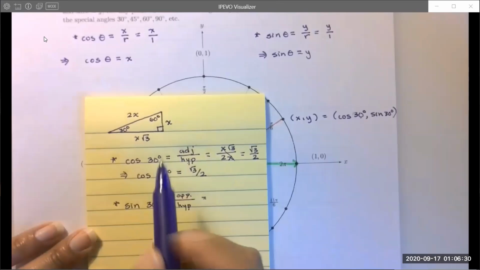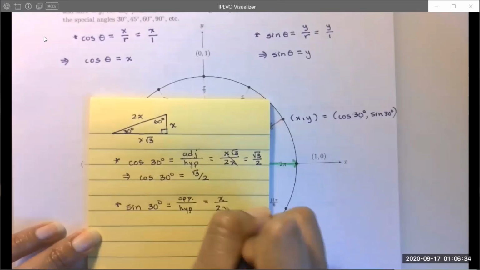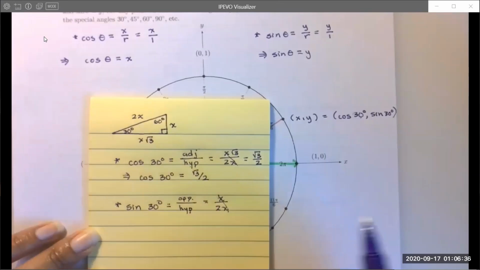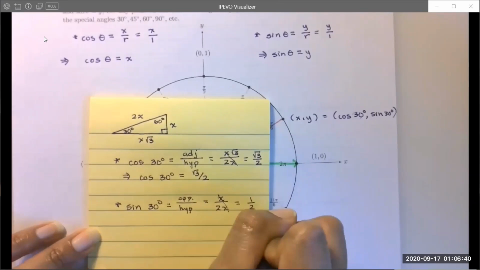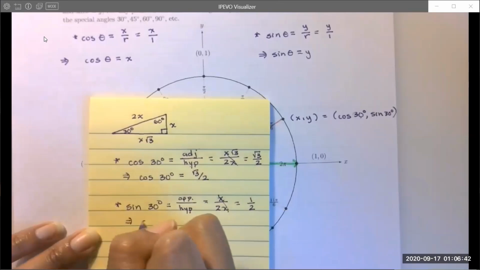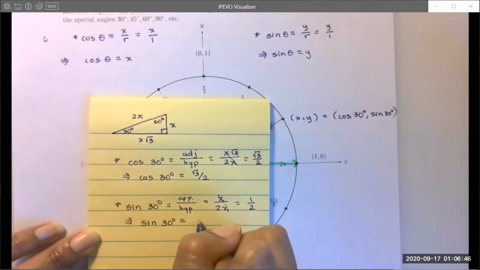Opposite to 30 is x, hypotenuse is 2x, and again these x's cancel out, so we end up with 1 over 2. That means sine of 30 degrees will be 1/2.